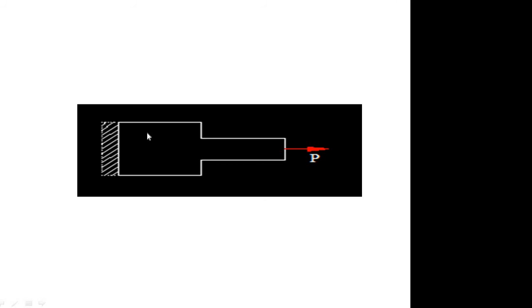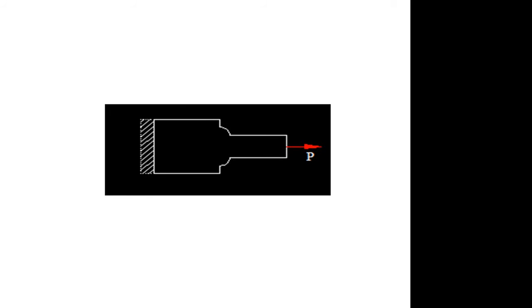We can consider this element as element 1 and this element as element 2, and we can solve it by applying delta L1 is equal to P L1 by A1 E1, and similarly delta L2 is equal to P L2 by A2 E2, right? So we can find the solution delta L1 and delta L2. To find the total deflection, we can easily add them up, that is delta L is equal to delta L1 plus delta L2.